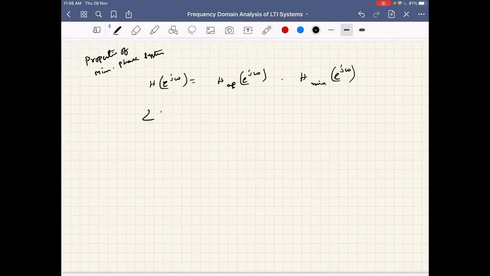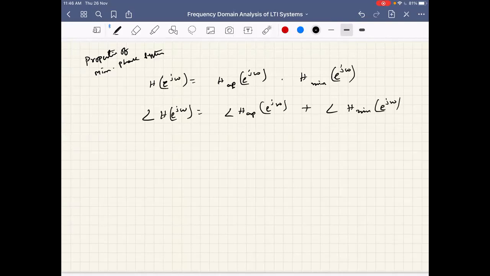As we have seen, the angle of H(e^{jω}) is equal to the angle of H_allpass(e^{jω}) plus the angle of H_minimum-phase(e^{jω}), because these are a product here.